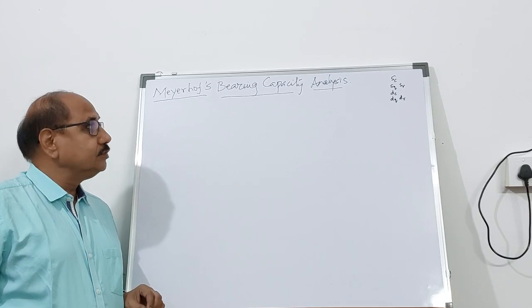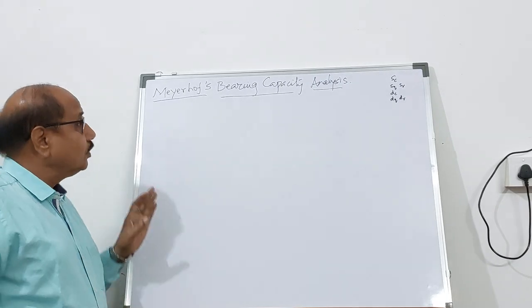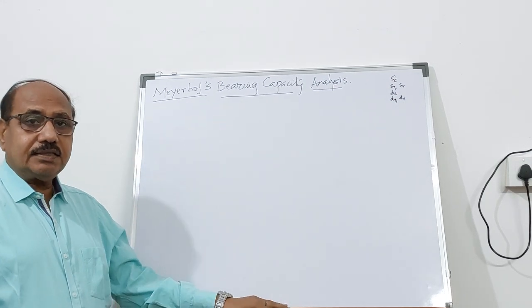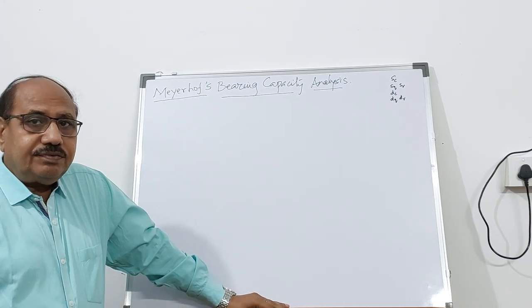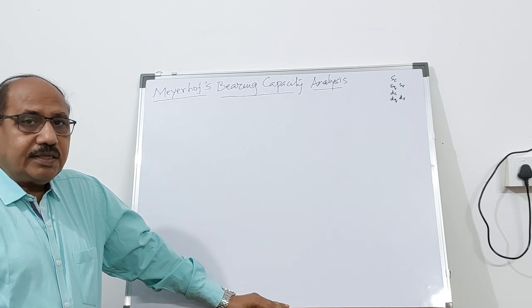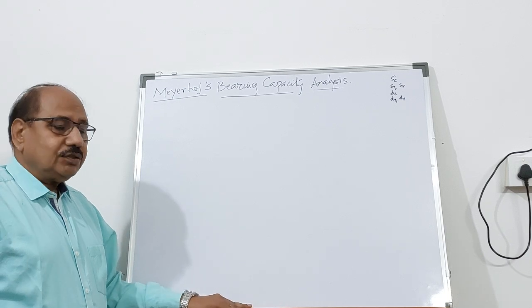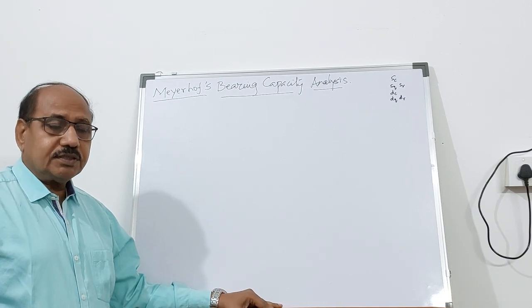Hello everyone. Today we are going to discuss Meyerhof's bearing capacity analysis. We have seen how to calculate the bearing capacity of a foundation by using Terzaghi's bearing capacity equation.